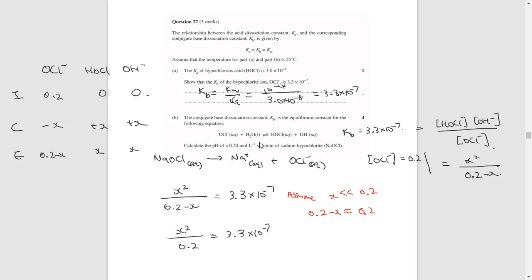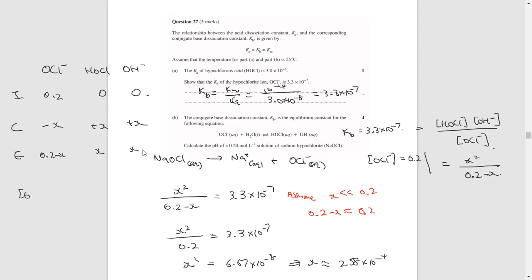So that means your x squared will end up being 6.67 times 10 to the negative 8, which then means that x is 2.58 times 10 to the negative 4. Remembering what x is though, x happens to be the concentration of hydroxide.